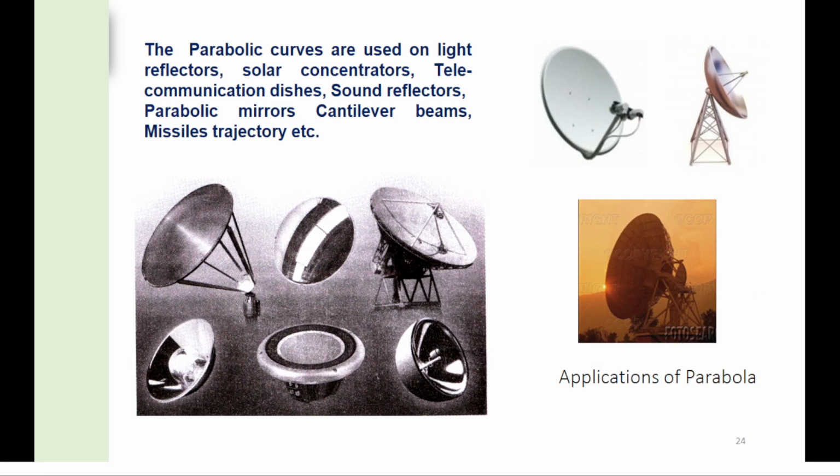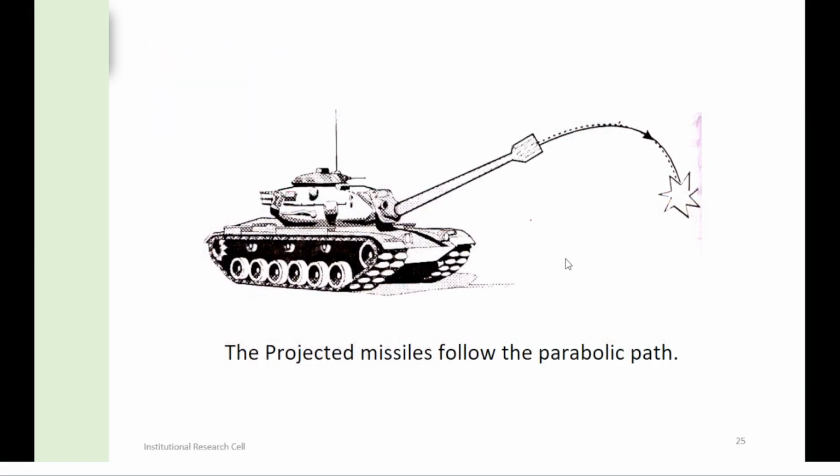You may have observed the dish of your set top boxes, right? These are in the shape of a parabola. Then solar concentrators, sound reflectors, and one of the important ones is light reflectors. So this is the parabolic curve traced by a ballistic missile.